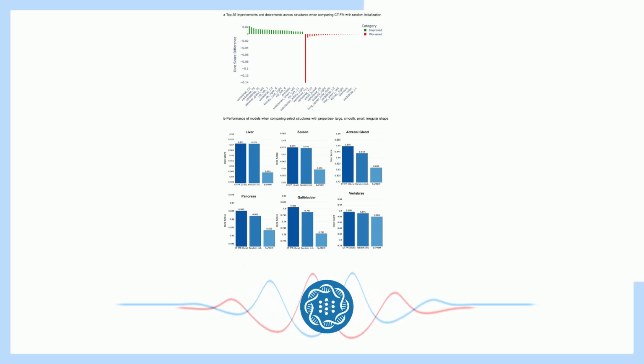So someone could intentionally alter a scan to make CTFM miss a tumor or misdiagnose a condition. Yeah. That's a scary thought. It's a valid concern, and it's an area that requires ongoing research and attention. As we develop these increasingly sophisticated AI systems, we need to make sure they're robust enough to withstand those kinds of attacks, to protect patient safety. It's like building a high security vault to protect the AI. Right. And make sure that it's making reliable decisions.